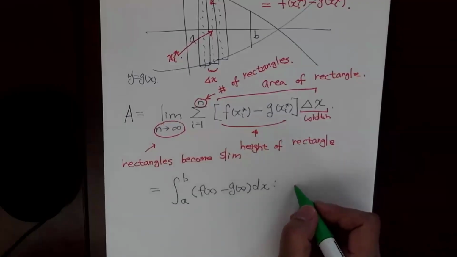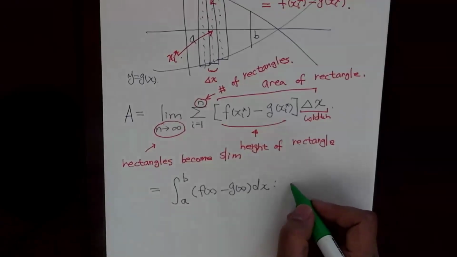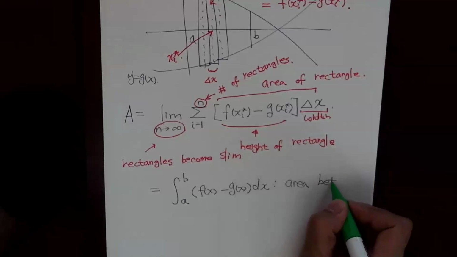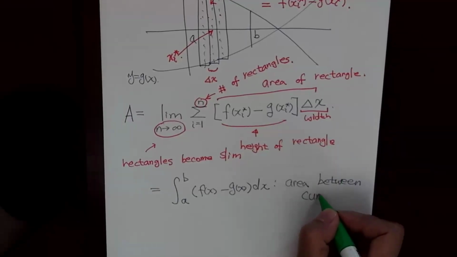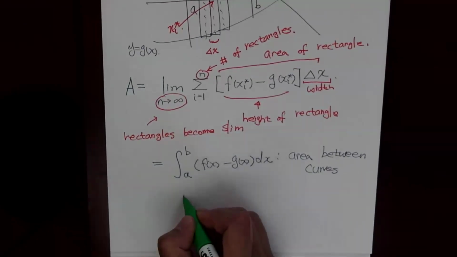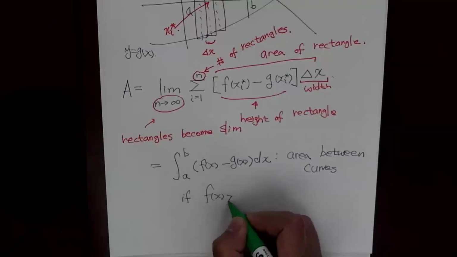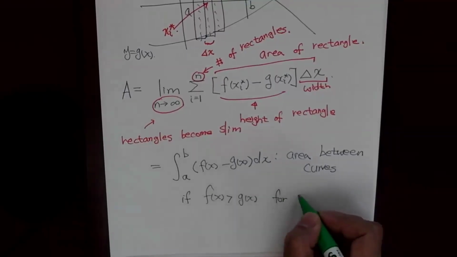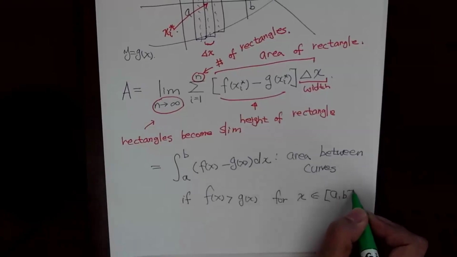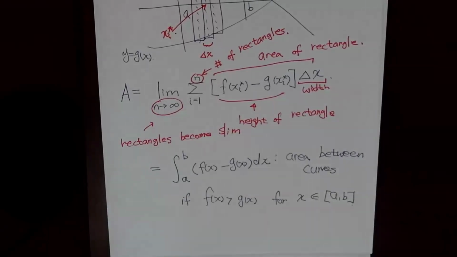As in calculus 1, when we consider the area under the curve, this time the x-axis became g of x and it became the area between curves, if f of x is greater than g of x for x in A to B. Any question?